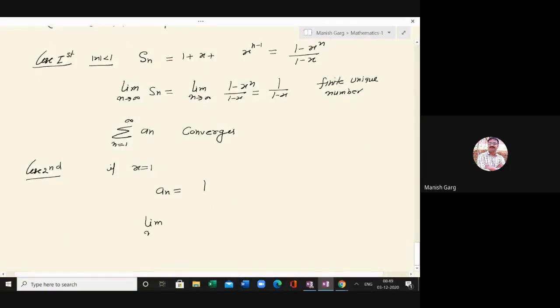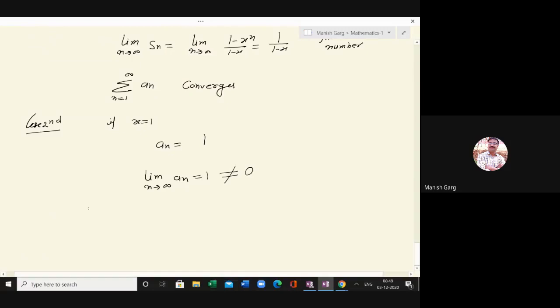Apply limit n tends to infinity an, which is 1, not equal to 0. So by necessary condition, you can say, there are other ways also, by necessary condition, the series n is equal to 1 to infinity an diverges.